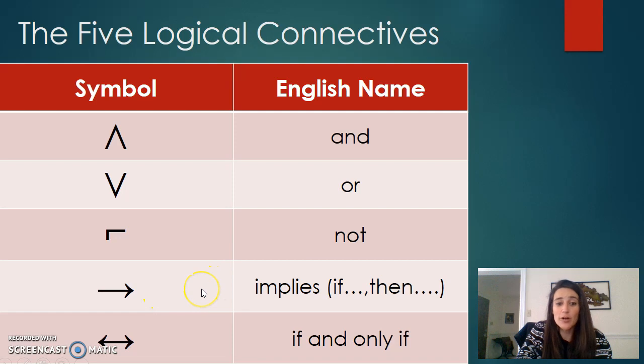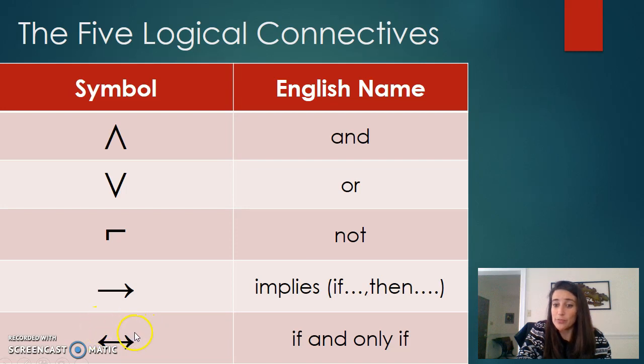A right arrow, we can read that one of 2 ways. We can say the right arrow reads as the word implies, or we can say something like if the left-hand side, then the right-hand side. So it can also represent an if-then statement. And our final symbol is the left arrow combined with the right arrow.